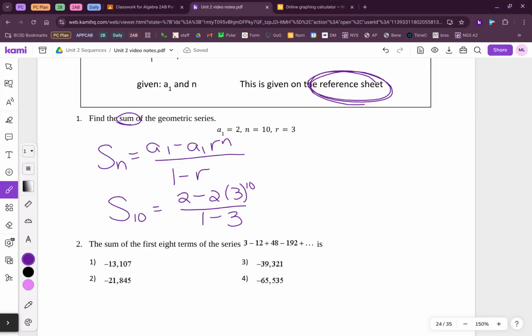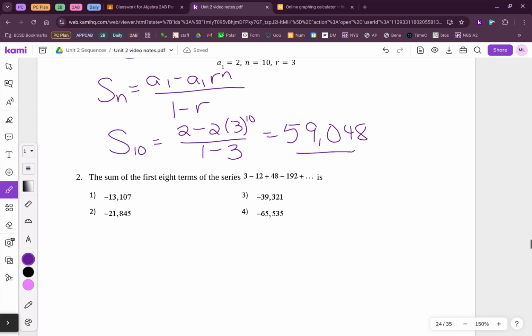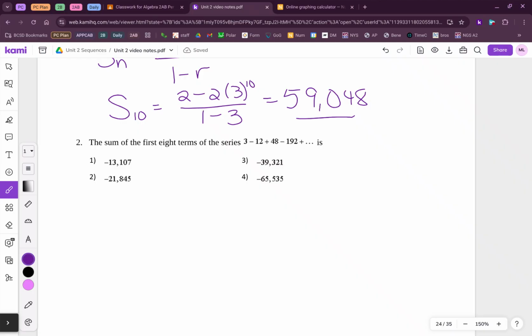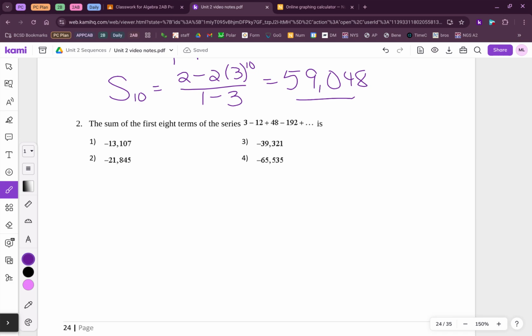All right, we get 59,048. You should expect these numbers to get really large because you're now dealing with a geometric sequence. So we're multiplying to get each term. And then we're adding up a lot of big numbers usually.